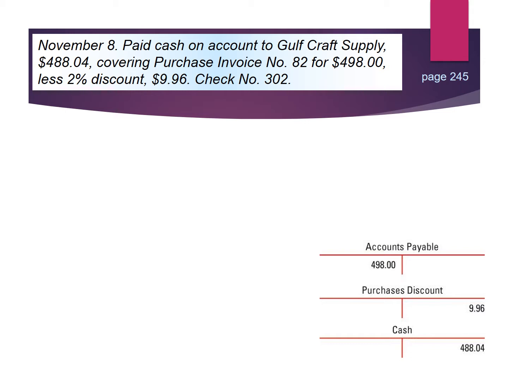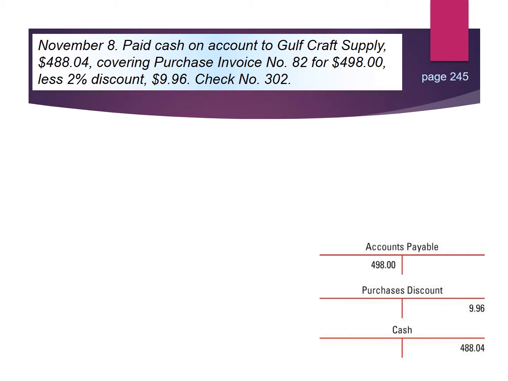The purchase invoice amount was $498. Now, since we are paying cash, we are going to debit accounts payable for the purchase invoice amount of $498. We know that we took a 2% purchases discount. So we are going to multiply 2% times $498, which will give us our purchase discount of $9.96.